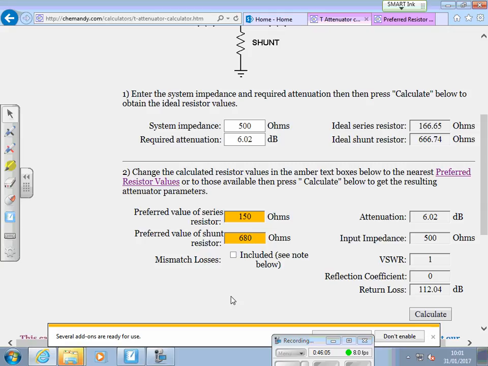Once you have entered those and click calculate, it will recalculate to tell you what your actual dB attenuation is with those preferred values, and it will tell you what the actual system impedance is. With 150 and 680, you're going to get a slightly reduced level of attenuation at 5.7 dB. We're going to have an input impedance of 482 ohms.